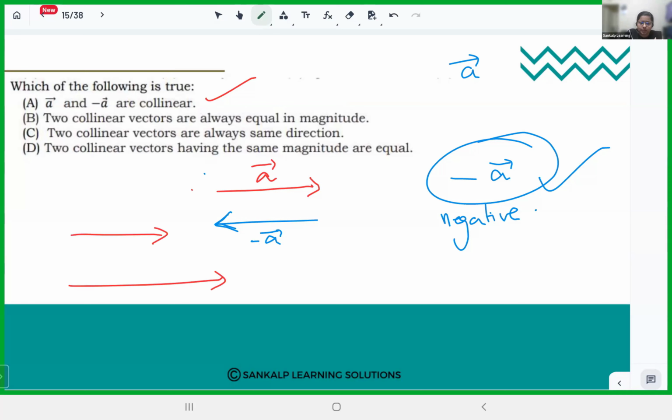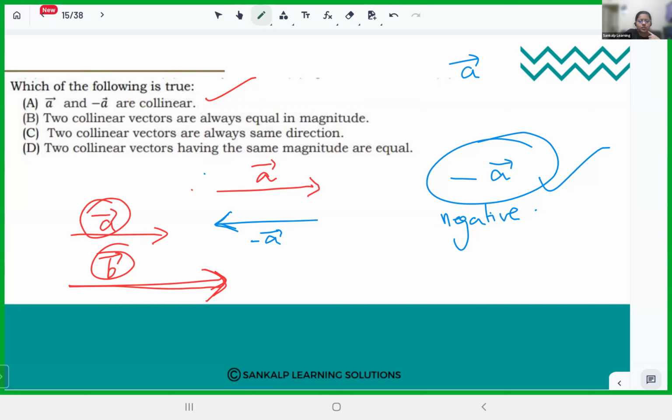Let this be A and this be vector B. Does that have the same magnitude? No, isn't it? It is clearly twice the first vector. So it is not necessary that collinear vectors have the same magnitude.